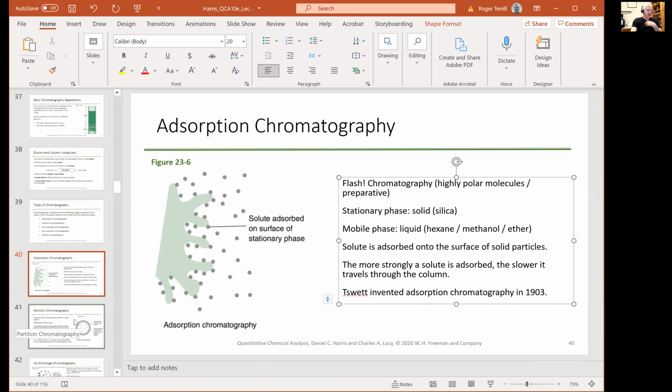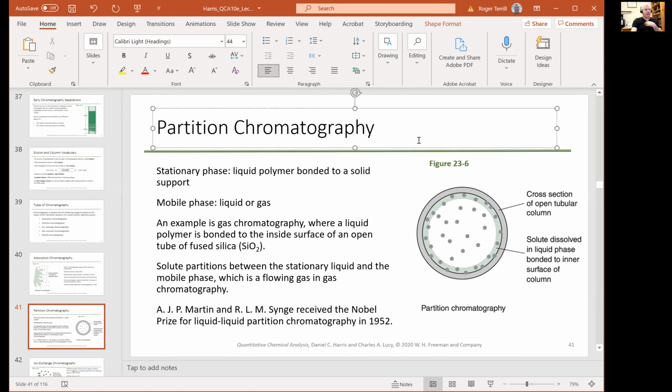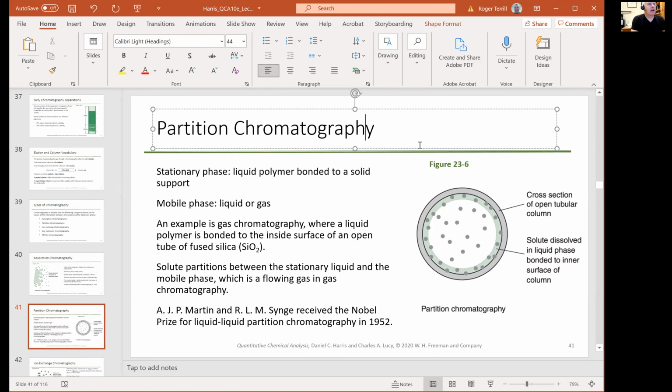So now partition chromatography. Now you have to promise not to hold me exactly to this, right? But more often than not, partition chromatography is reverse phase or something similar, right?